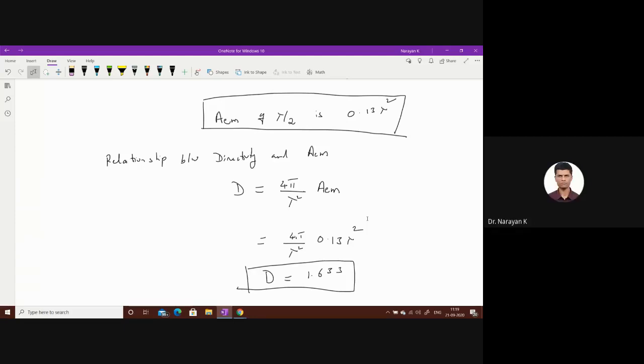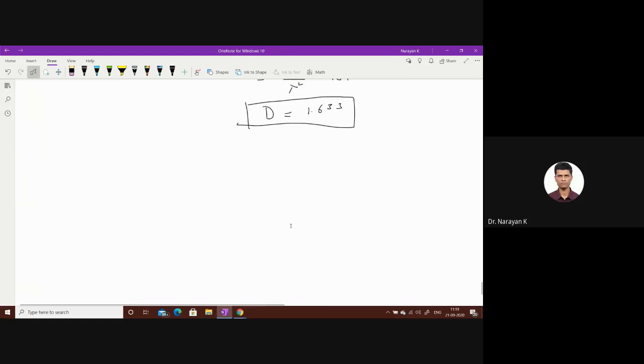The important point you need to remember here is that the radiation resistance of a lambda by 2 dipole is 73 ohms, which you need to substitute.